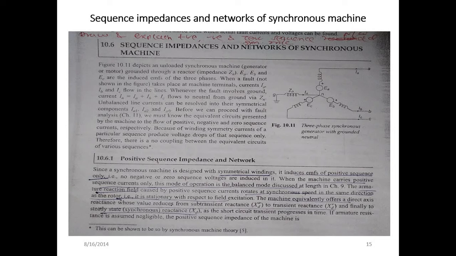Under unbalanced condition, that is whenever an unsymmetrical fault occurs, the currents Ia, Ib and Ic flow through phases A, B and C respectively, whereas In is the current flowing through the neutral. The relation is In equals Ia plus Ib plus Ic.